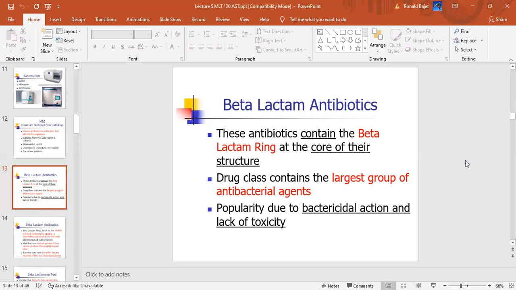I want you guys to understand too: the presence of beta-lactamase is a defense mechanism of the bacteria. An organism can have the enzyme beta-lactamase to fight against an antibiotic that has the beta-lactam ring. Typical antibiotics that have the beta-lactam ring are the penicillins, okay?